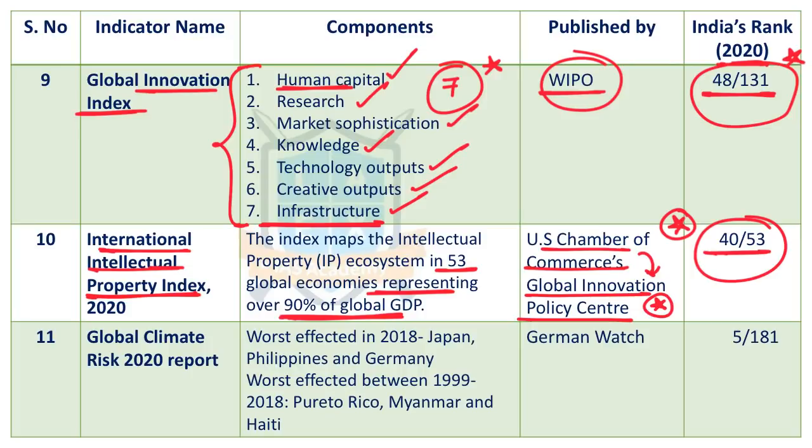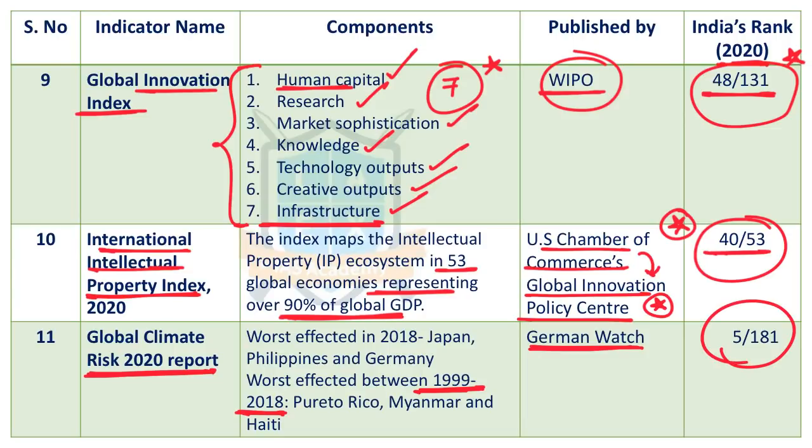The next index is Global Climate Risk Report. This report is released by the German Watch. This is an NGO. This has studied the impact of climate change over many countries in the last 20 years from 1999 to 2018, and then it has given the ranking.